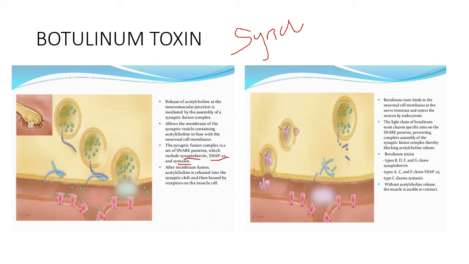Only if these three are present can there be a synaptic fusion complex, and after the membrane fusion, the acetylcholine is released into the synaptic cleft, and then it is bound by the receptors on the muscle cells.